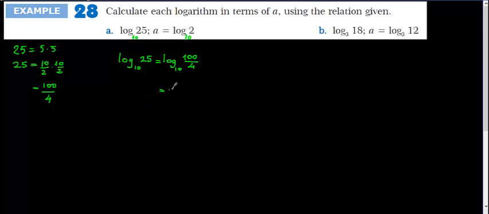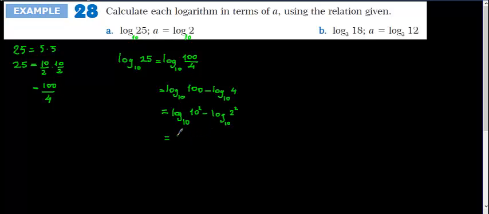That's going to be equal to logarithm base 10 of 100 minus logarithm base 10 of 4. And this is going to be 10 square, and this is going to be 2 square. Here it's going to be equal to logarithm base 10 of 10 square minus logarithm base 10 of 2 square.